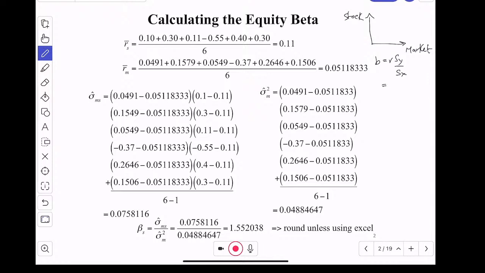If we were to use the sample results, this would be R. R becomes covariance XY over SX SY, right? And this is SY over SX. So these two cancel.